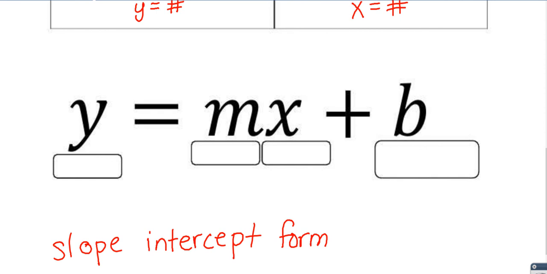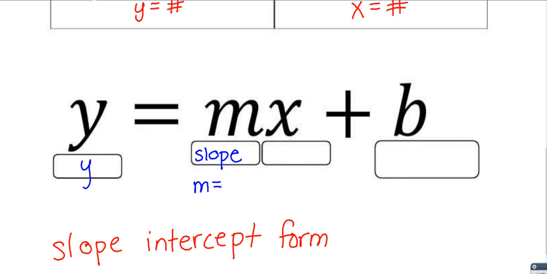So y, that actually is just y. It's just like your y coordinate from your ordered pair. There's nothing special we have to write about it. M, this is your slope. So we already pointed out that your slope's always in front of x. The variable for slope is m, and I don't know why. We can Google it later if we have time.